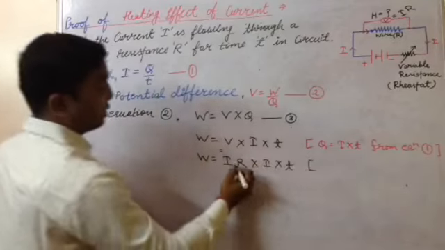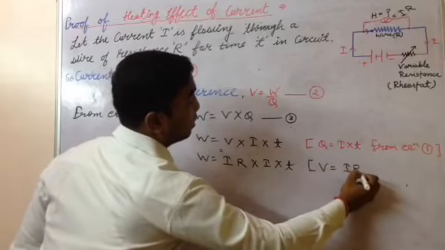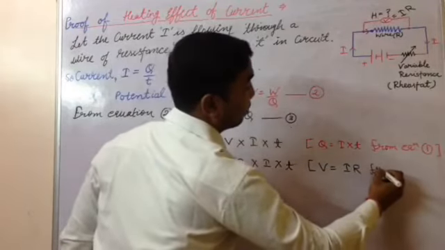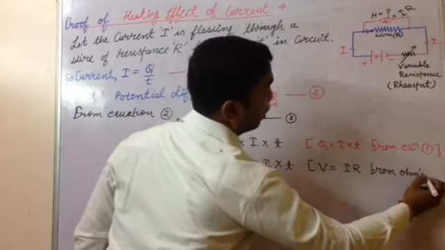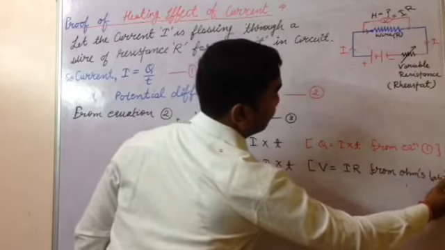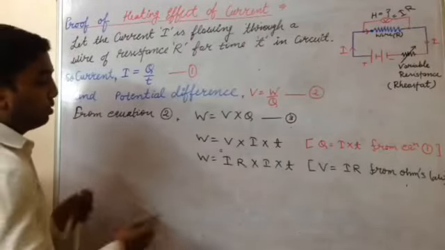You will have to give information. V equal to I into R. Which law is this? Ohm's law. Yesterday we discussed. Okay. So now what would this become?